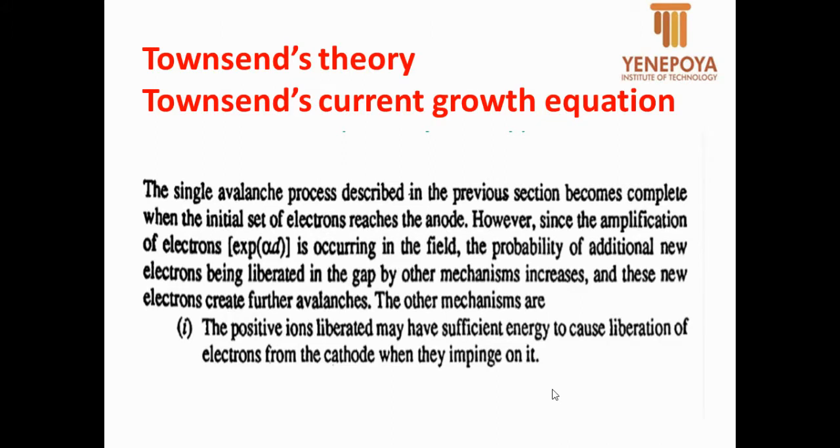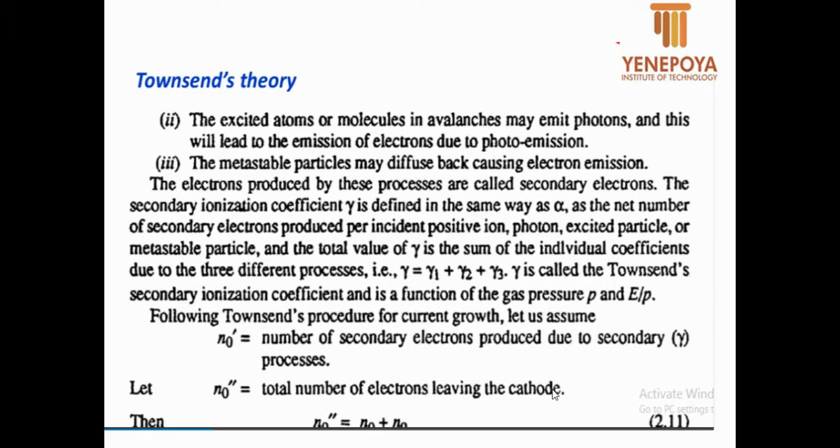The other mechanisms are: first, the positive ions liberated may have sufficient energy to cause liberation of electrons from the cathode when they impinge on it. Second, the excited atoms or molecules in the avalanches may emit photons, and these will lead to the emission of electrons due to photoemission.